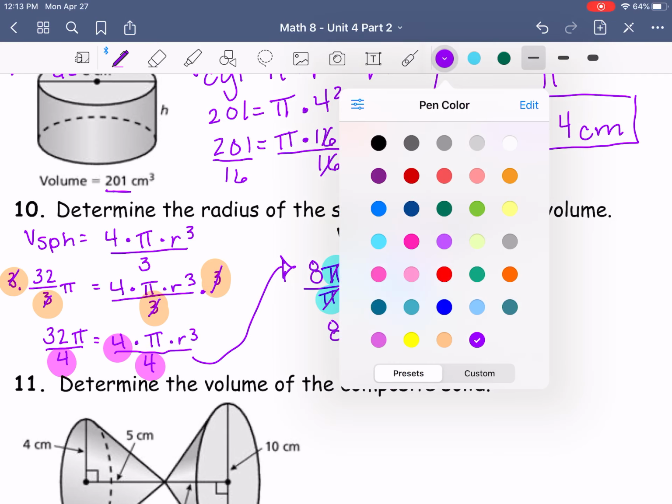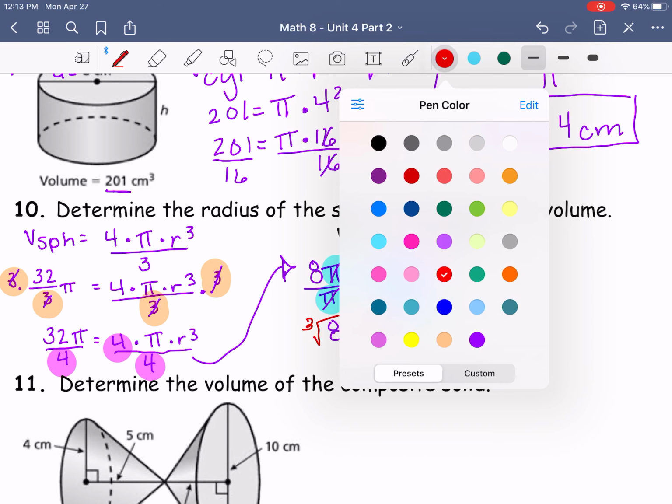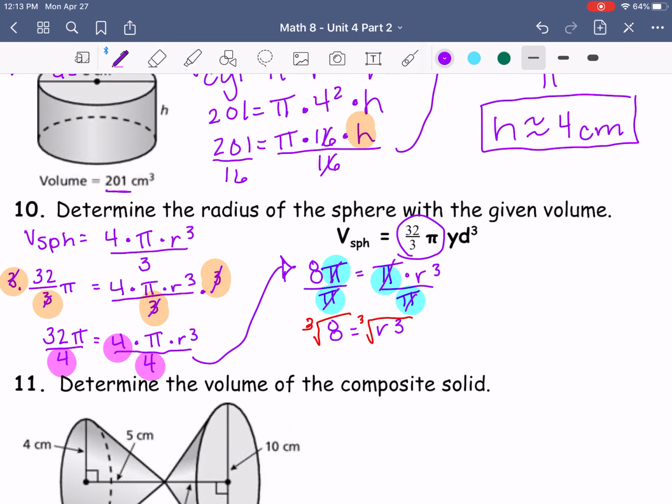Reminder, to get the r by itself, we need to do the inverse. What's the inverse of cube? Cube root. So I need the cube root of 8, which is 2. And my label is yards. So the radius of this sphere is 2 yards.